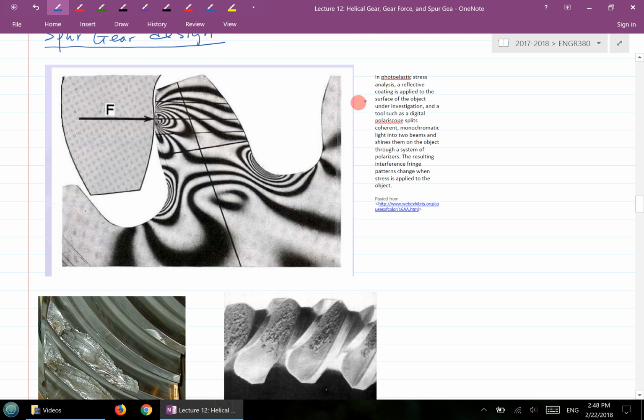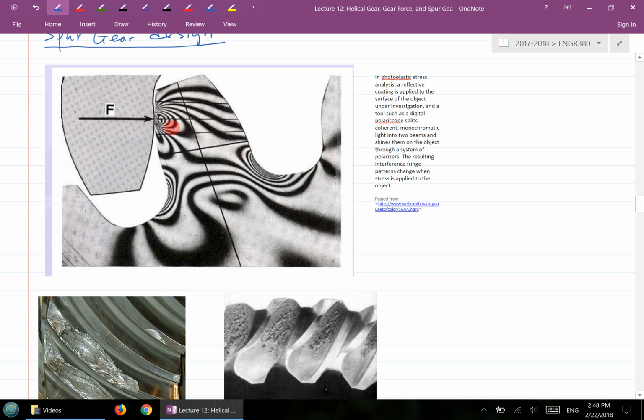This is the so-called photoelastic stress analysis. A reflective coating is applied to the surface of the object, and then a tool such as a digital polariscope splits coherent monochromatic light into two beams and shines them on the object.